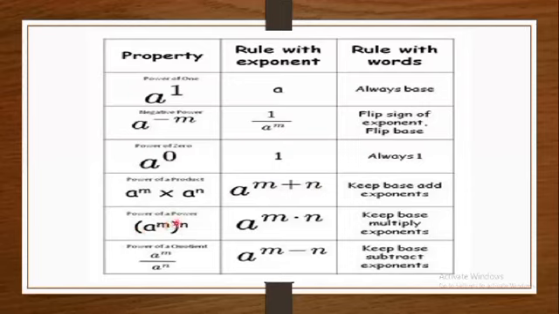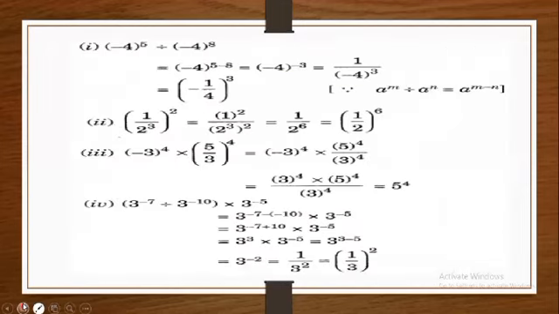The power of a power, a to the power m to the power n: we keep the base and we multiply the exponents. Division of two powers having the same base: we keep the base and we subtract the exponents.